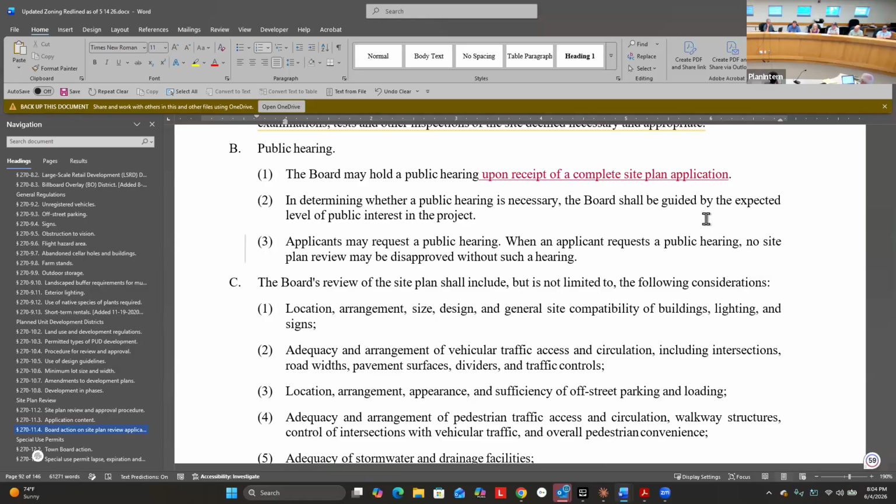Well, this is talking about public hearing, expected level of public interest. I don't think it's level of. It does sound bad. Then the 1 and 2, applicants may request one. You could just take out number 2.